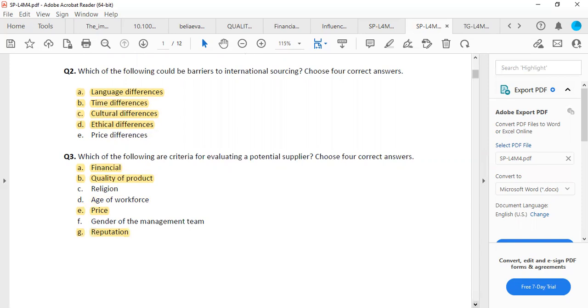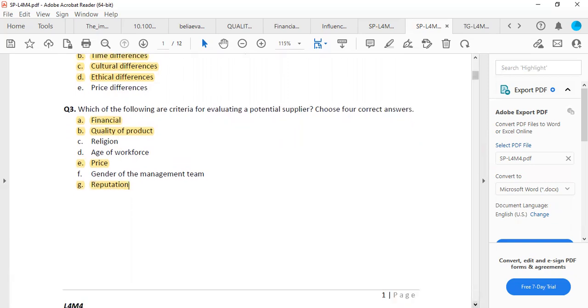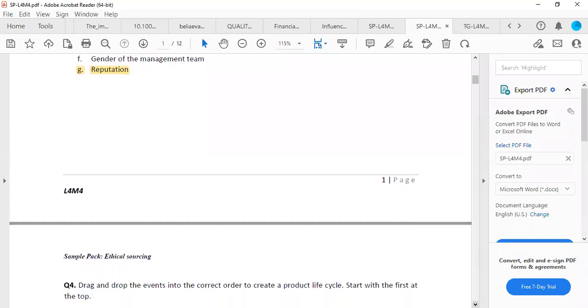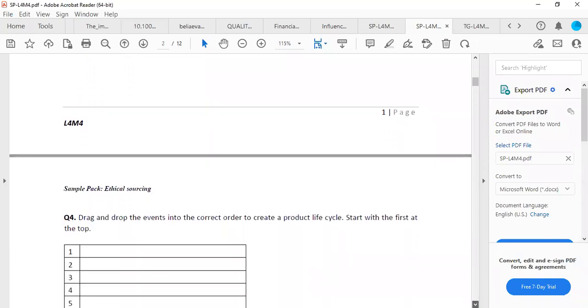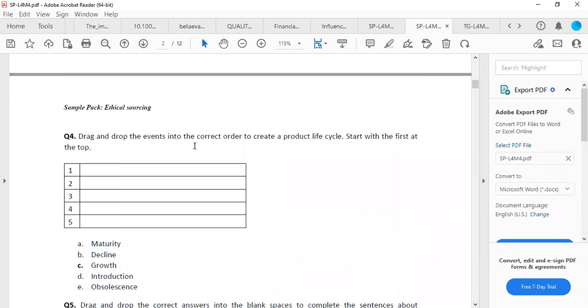So the age of the workforce will be part of the technical criteria or the production capacity. But those ones that we may want to prioritize are these four. The others are secondary.